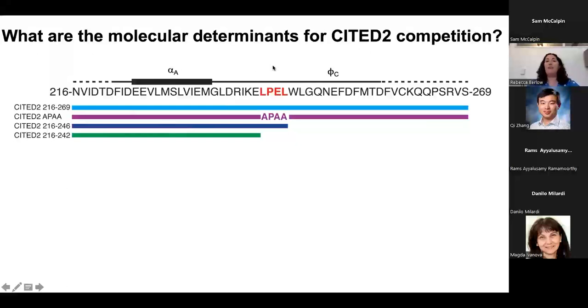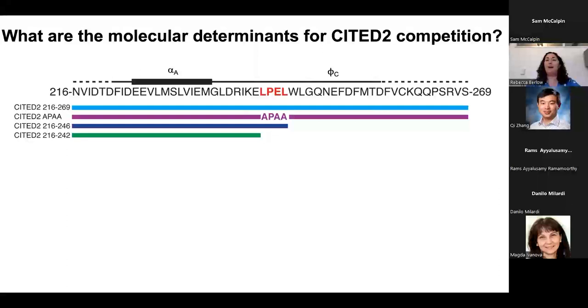But we decided to make a range of different peptides that we could use as tools for understanding how the different regions of the CITED-2 peptide are able to mediate competition against HIF-1 alpha. We made a mutation where we mutated the non-proline residues of the conserved LPEL motif to alanines. And we also made another truncation construct where we truncated C-terminal to the LPEL motif so that we would be looking at the effect of losing just the C-terminal region that we call phi C.